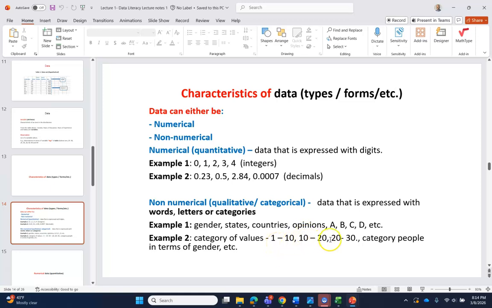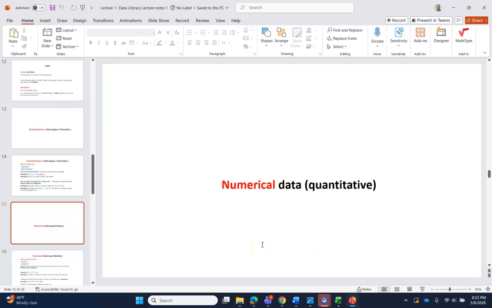We can also have from 10 to 20, that's the second one, and we can actually call these baskets, and each of these categories will have some values, and when they are in categories, they are no longer numerical because we are counting the categories or the baskets. So we can look at the category of people. In terms of gender, we have male or female, or we can have same categories as we have seen here.